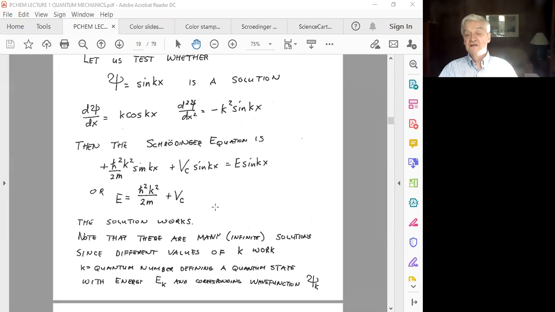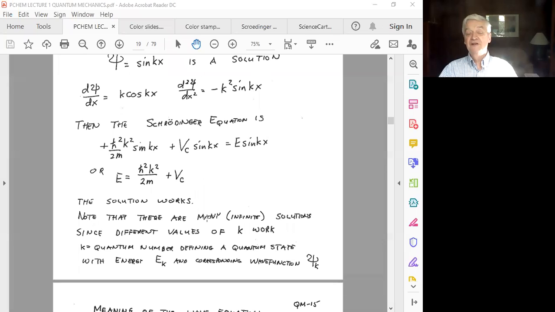But now notice that there will be an infinite number of solutions, even after we make K an integer, because any integer here could work. We could have K be 1 or 2 or 3, or in fact, according to this equation, it could also be 0. And so there are an infinite number of solutions, but many values of K would not work if they don't satisfy the other conditions that we will dictate later.